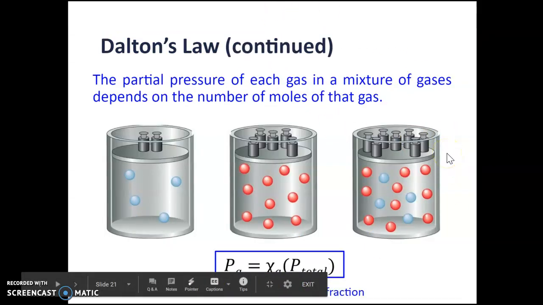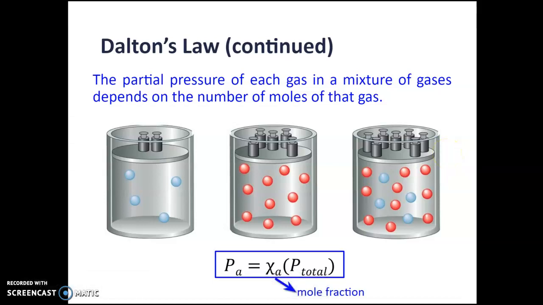So when we write this out, we can note that there's a direct relationship between the partial pressure of a gas and the number of moles of that gas. So if you knew the total pressure and you knew the mole fraction, you can find the partial pressure that each gas contributes.